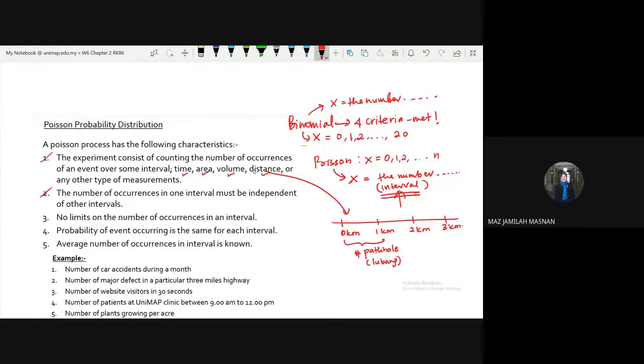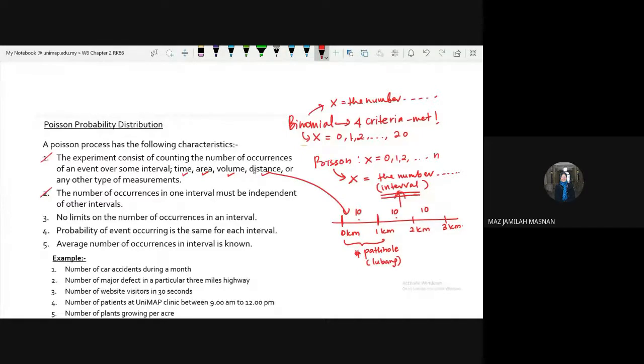Let's say you are working with the class liner. Within 1 kilometer, beginning from the point that you measure until you achieve 1 kilometer, you are going to calculate the number of potholes. If there are 10 potholes in 1 kilometer, then the rest also 10. This is what we call independent: the pothole here and the pothole here are not dependent on each other, but the number in terms of interval will be the same.